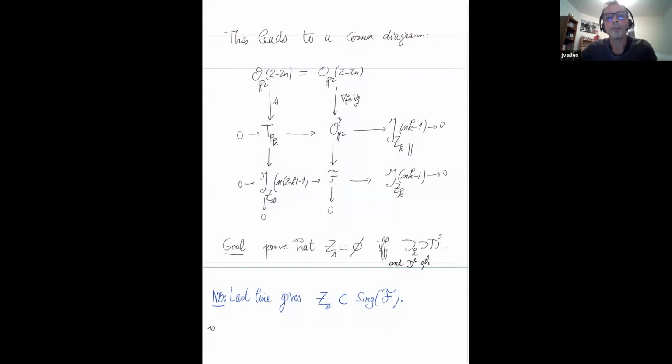So now the point will be to understand what is the singular locus of F, and then to compute the length of this singular locus, and to show that if we put all the singular curves of the pencil in zeta k, then there will be nothing in zeta S, and zeta S will be empty.